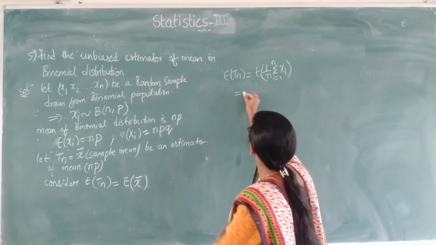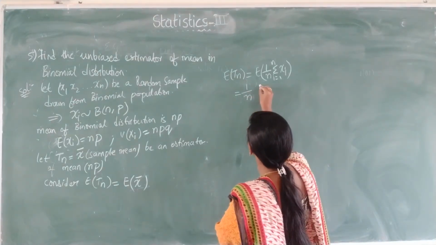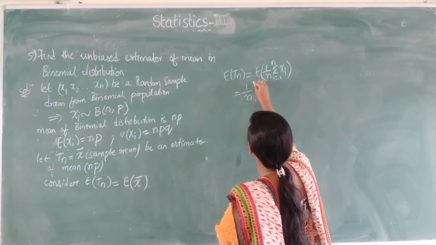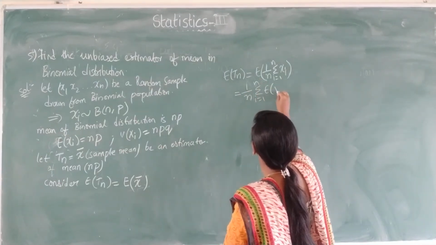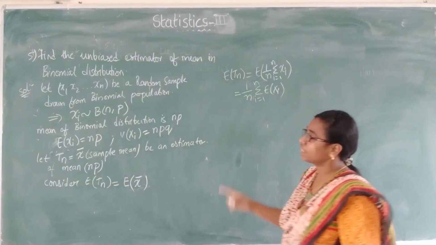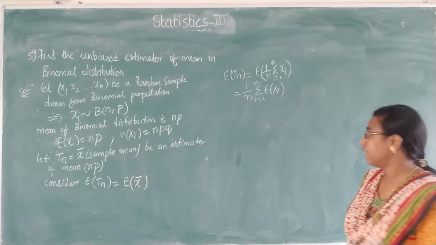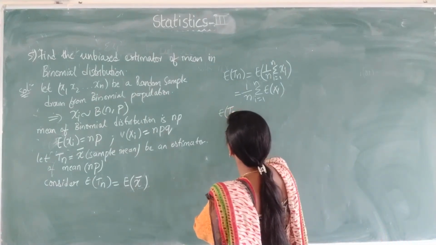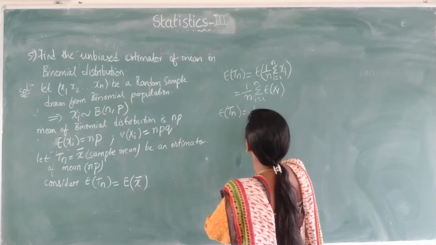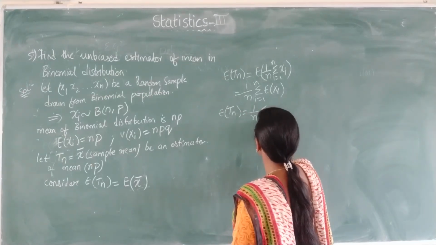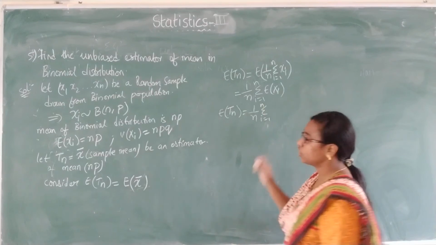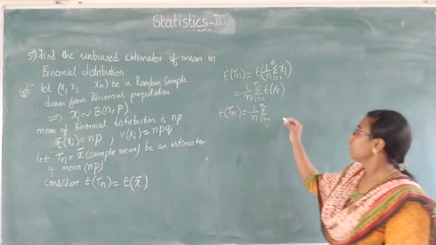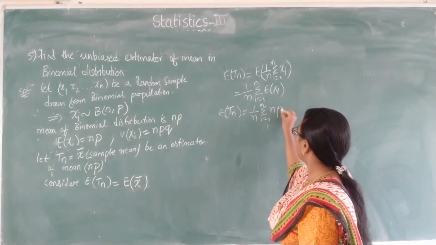You will get 1 by n summation i equals 1 to n expectation of xi. So what is expectation of xi value? NP. So substitute that value. Expectation of Tn equals 1 by n summation as it is. Expectation of xi value is NP. So substitute that value NP.